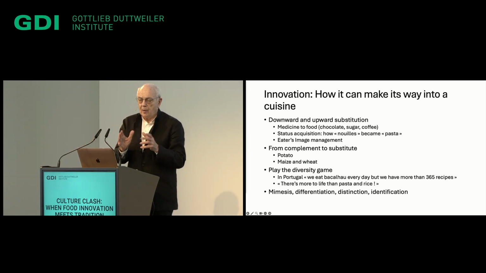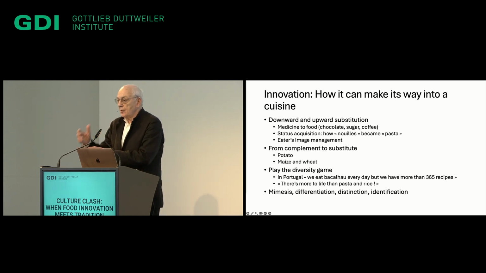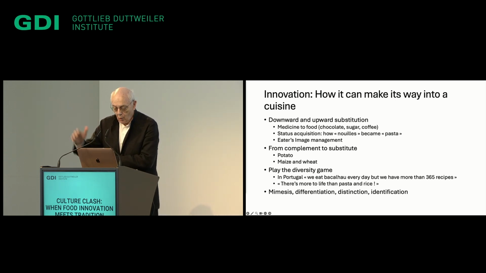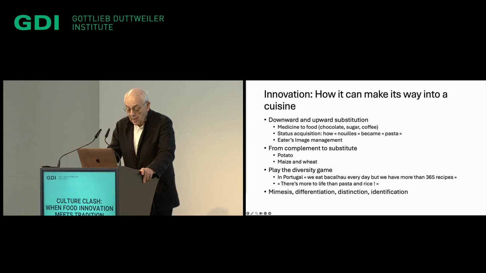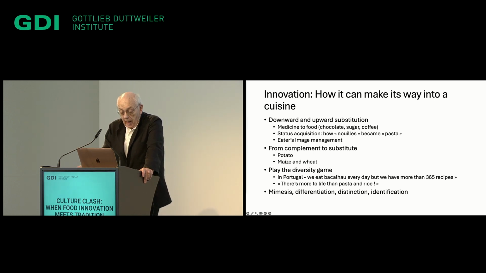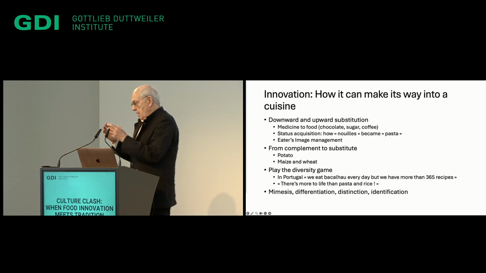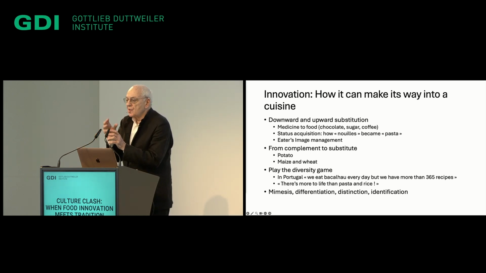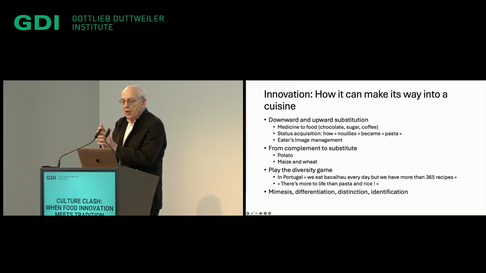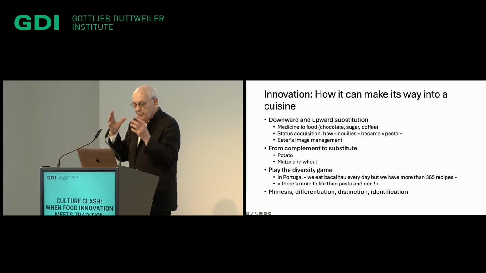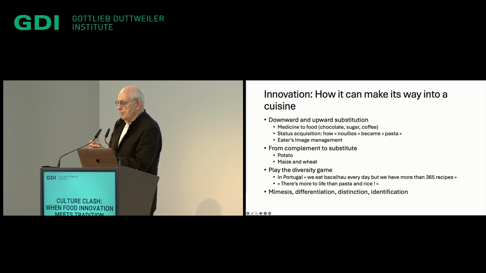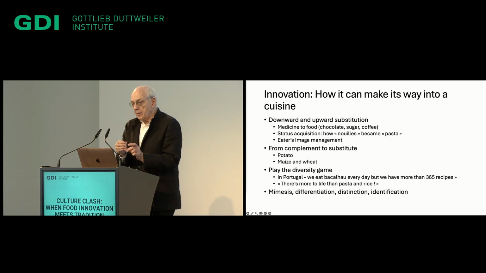The same processes are more or less at work when it comes to maize and wheat in Mexico, with wheat gaining more and more space, etc. Now, I already mentioned the example of bacalhau and the diversity game in Portugal. And basically, if you can reconcile one slot in the grid that is a cuisine or a food culture, you have a chance that you can put something new in it.